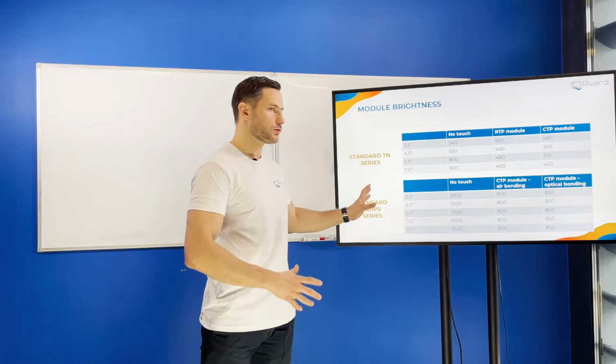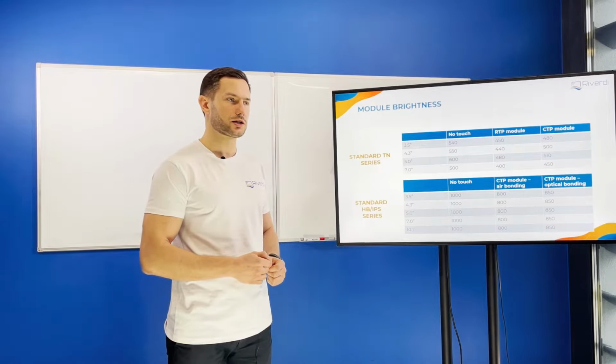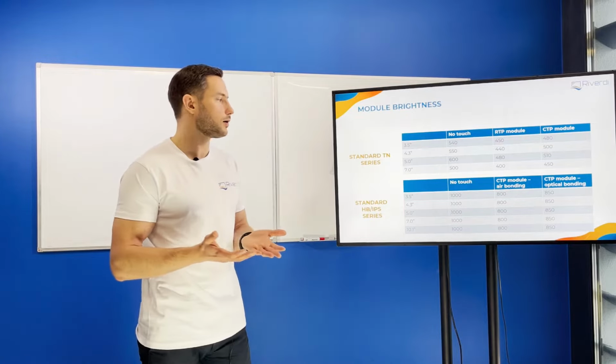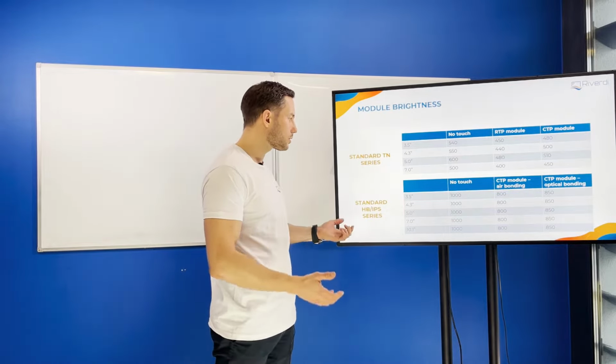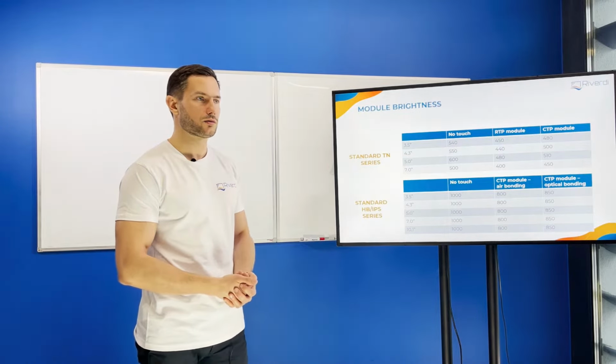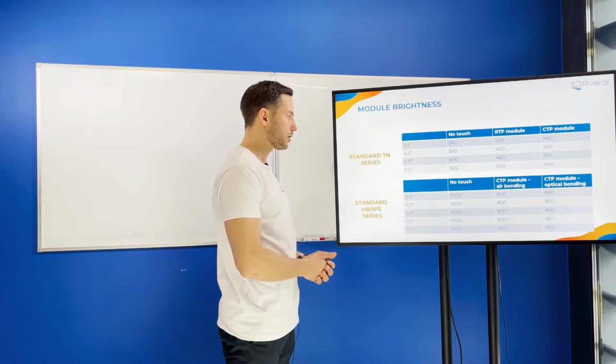That's why we decided to introduce a new line. We changed the glass from TN to IPS to have all the viewing angles possible, and also to have better colors. And we also at the same time increased the brightness to go to 1000. 1000 is a pretty universal number.